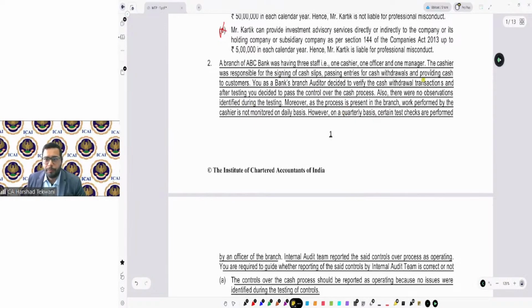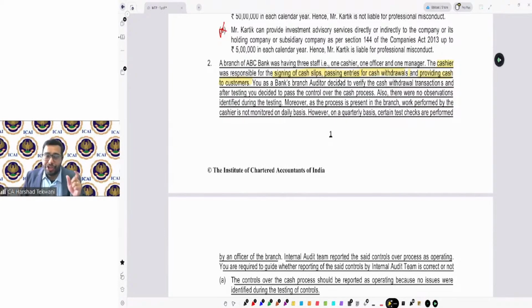The cashier was responsible for signing off the cash slips, passing entries for cash withdrawals, and providing cash to the customers. So he was doing three things: signing off cash slips, passing entries for the cash withdrawals, and providing cash to customers.